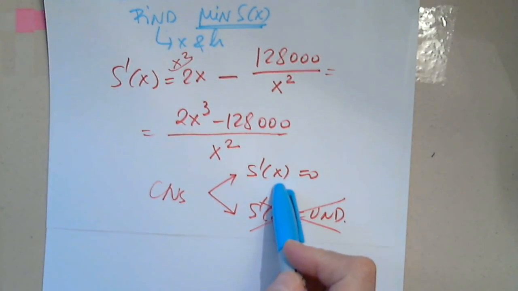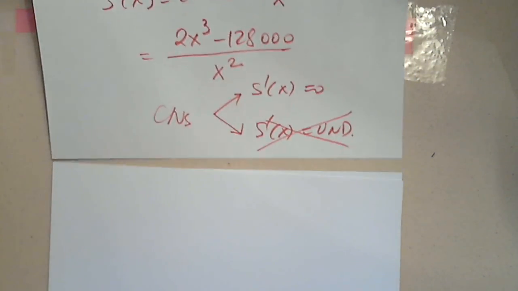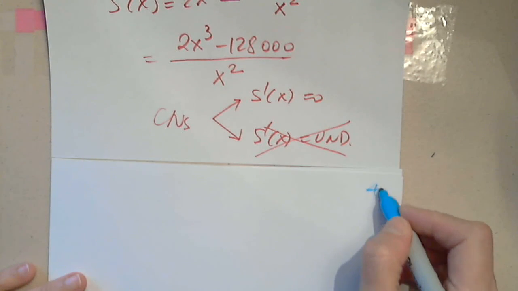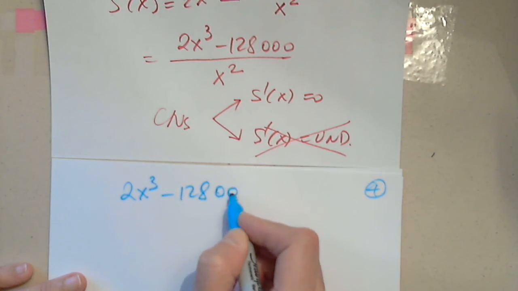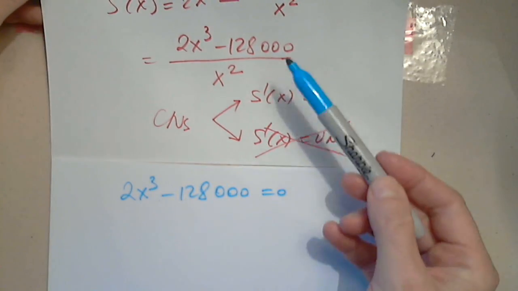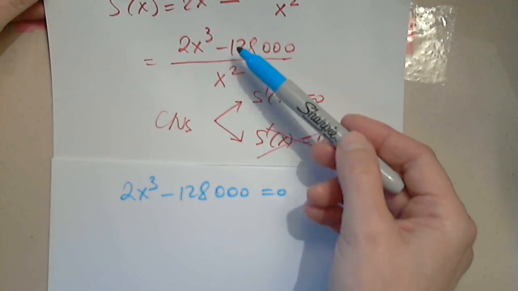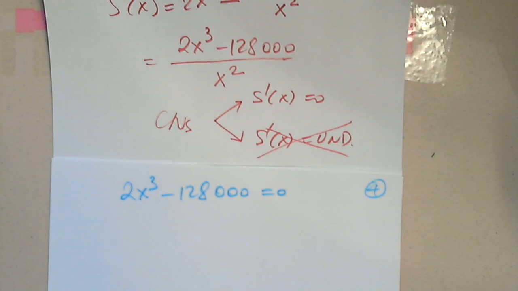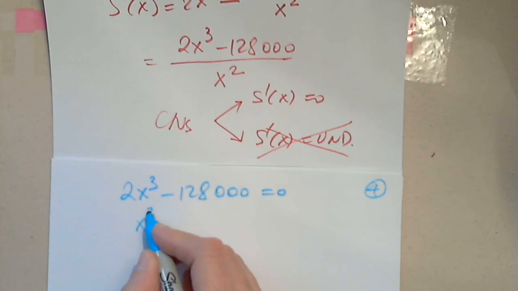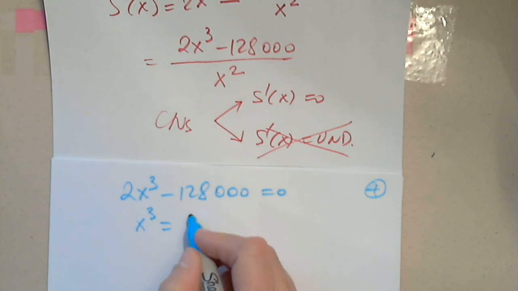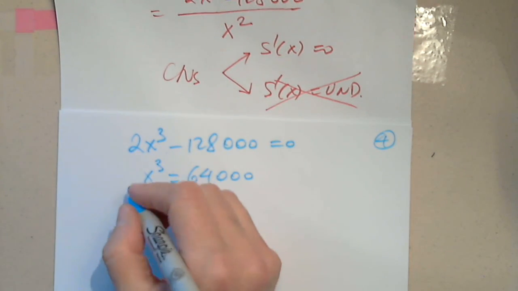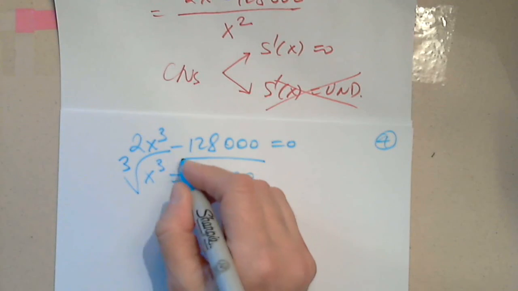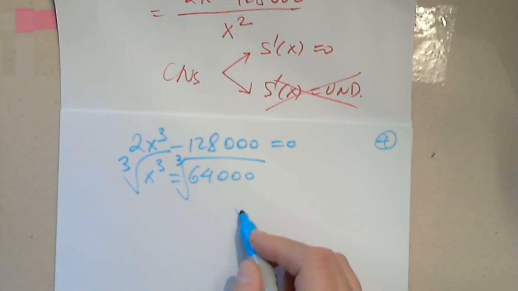So now we analyze S prime being 0. So 2x cubed minus 128,000 equals 0 because a fraction is 0 only when the numerator is 0. I will divide by 2 and move this to the other side and get 64,000. Yes, I have to take the cube root, and there is only one real number as the answer.